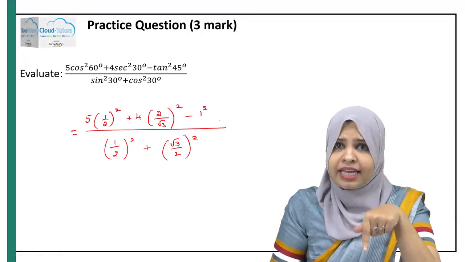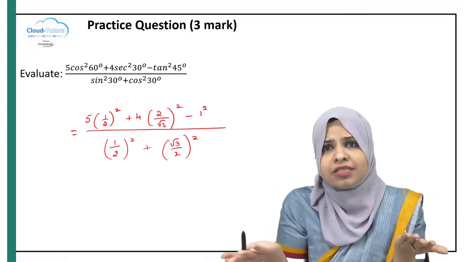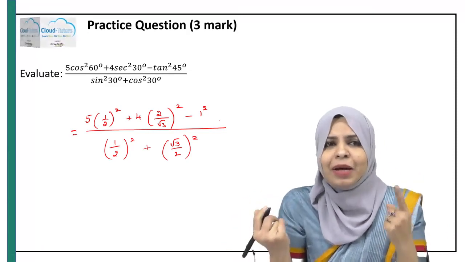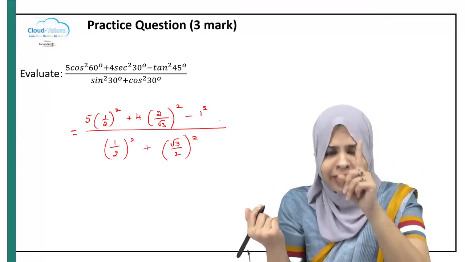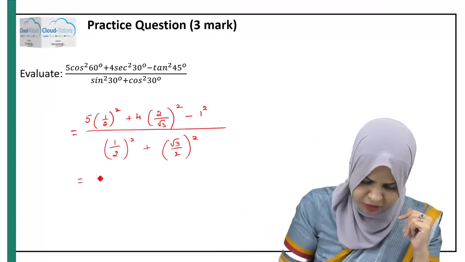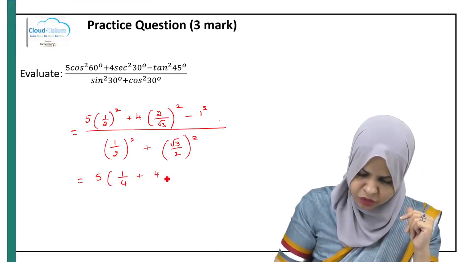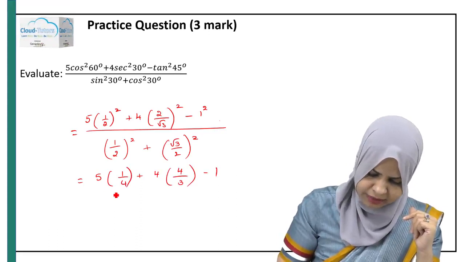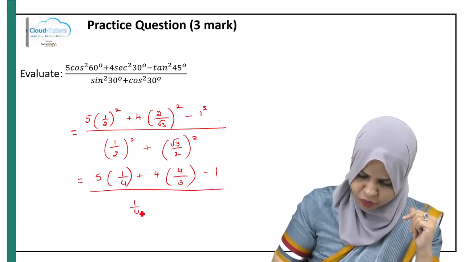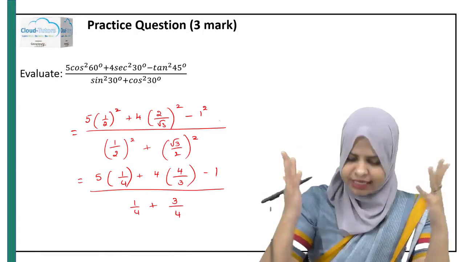But you will all see here, because 30 is the same in both sin 30 and cos 30, it will still be 1. But even now you can check by substituting the values, and you will end up getting 1. Let's do it. This will be equal to 5 into 1 by 4 plus 4 into 4 by 3 minus 1, by 1 by 4 plus 3 by 4, because the square and square root cancel.